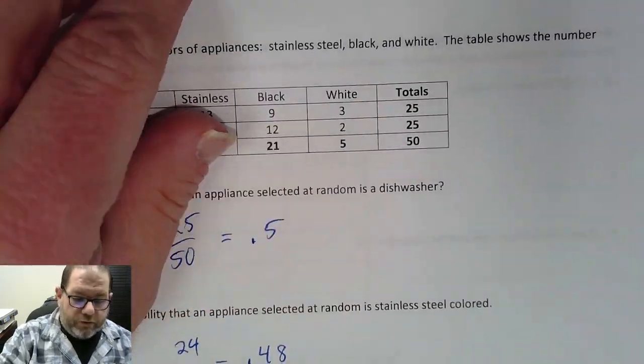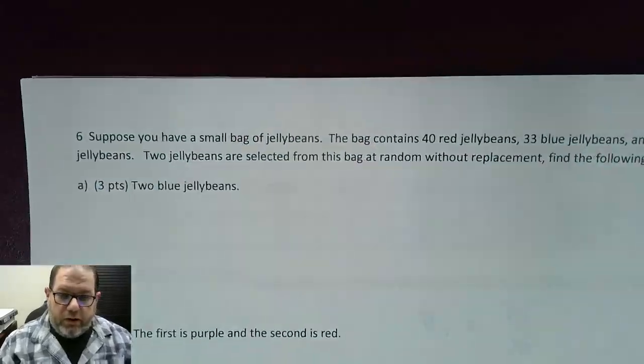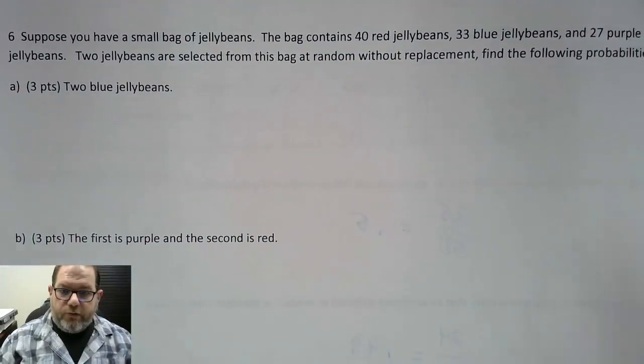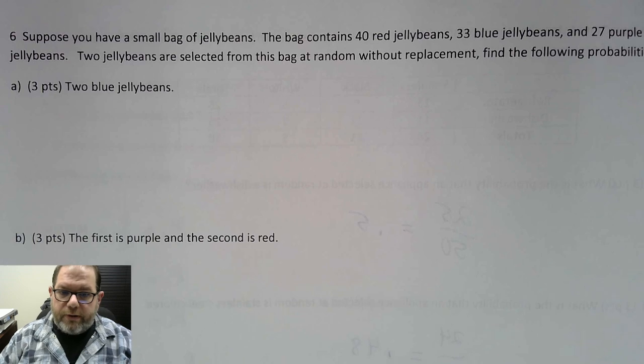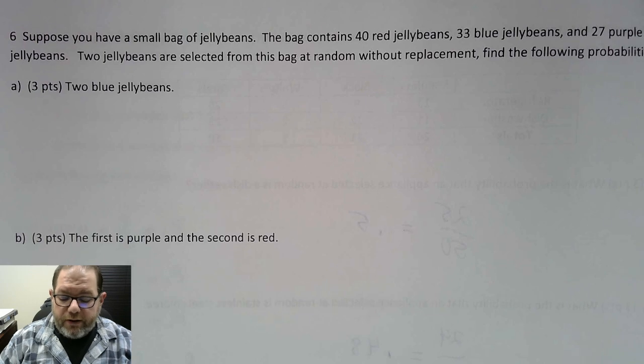Moving on to problem 6. Suppose we have a small bag of jelly beans. In this bag we have 40 red ones, 33 blue ones, and 27 purple ones. I could have given them actual flavor names, but we'll go with colors.